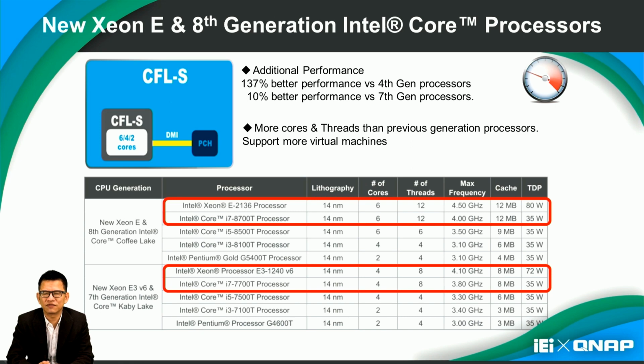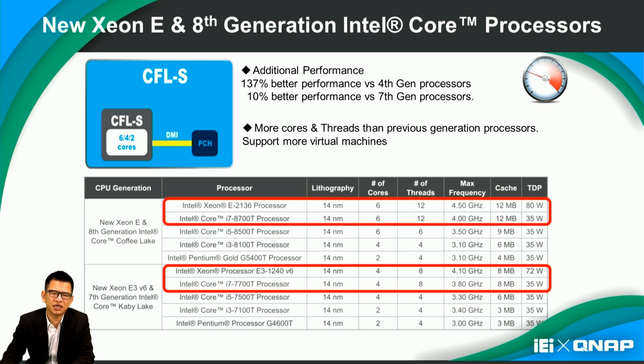But the thread and core numbers are increased too. For example, you can see the red mark for Xeon E. The top side is the Coffee Lake CPU, and the other here is the Kaby Lake Gen 7 CPU.